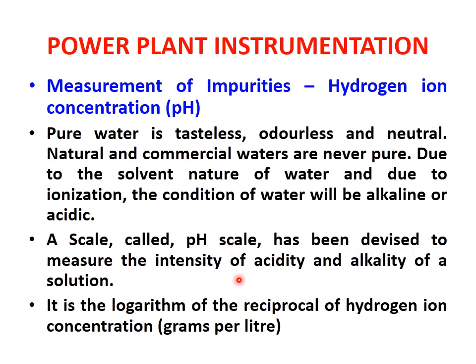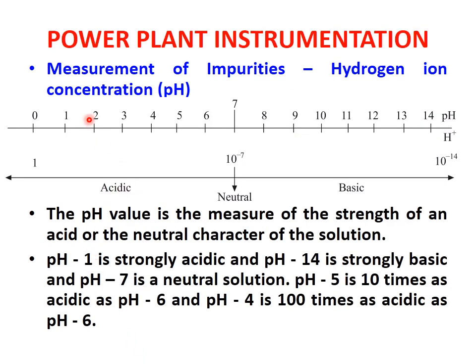A scale called the pH scale has been devised to measure the intensity of acidity and alkalinity of a solution. It is the logarithm of the reciprocal of the hydrogen ion concentration, in grams per liter. Depending on how much hydrogen ion is present in the water sample, the pH value of that water is determined.